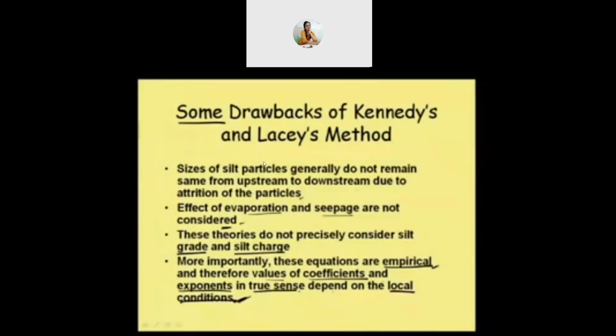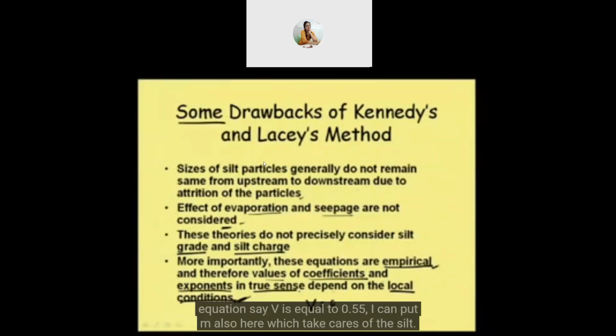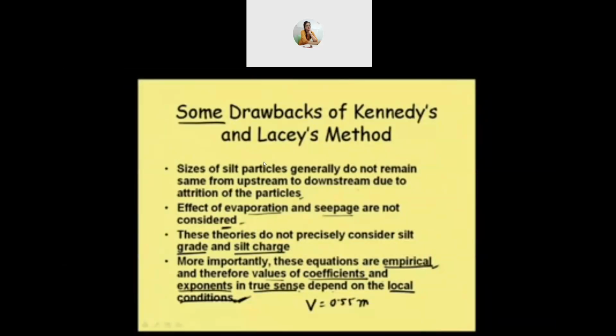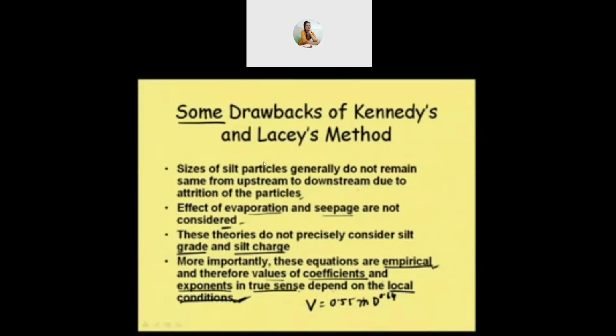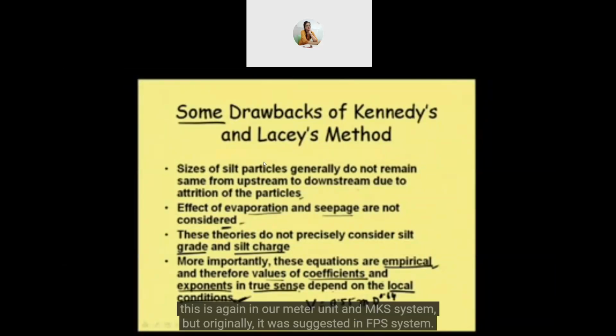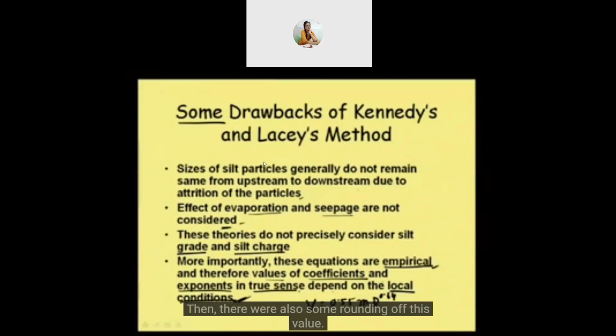It is very important. If I write Kennedy's equation, V is equal to 0.55 M, I can put M here, which takes care of the silt, D to the power 0.64. When originally suggested, this was in the FPS system, and then there was also some rounding of the value. Here it is in meter units and the MKS system.